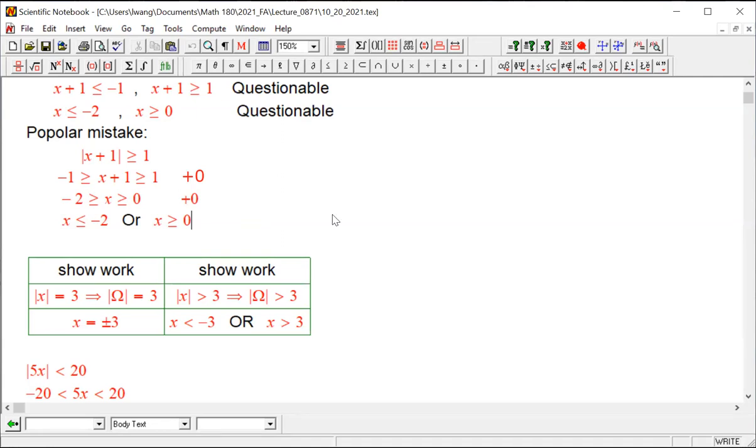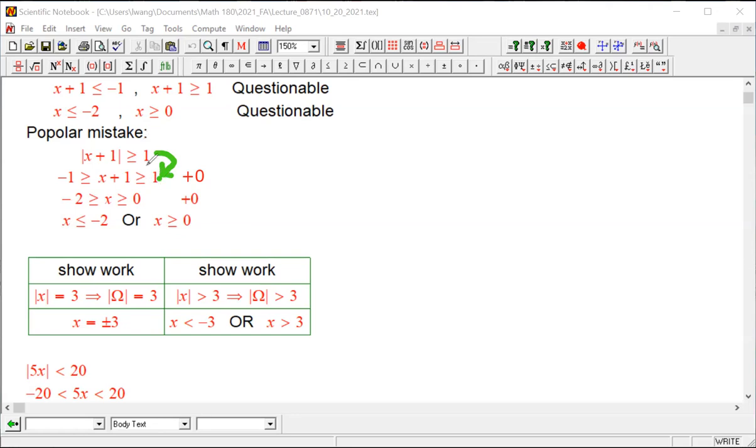Very common mistake. Okay, so this is how I'm going to grade it. Remember, we read from left to right, top to bottom, right? Left to right, top to bottom. So that's how I'm going to read it. From this step to the next one, you get 0. Because you're reading it as if-then, right?